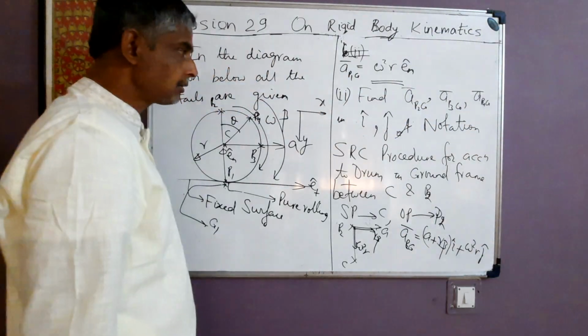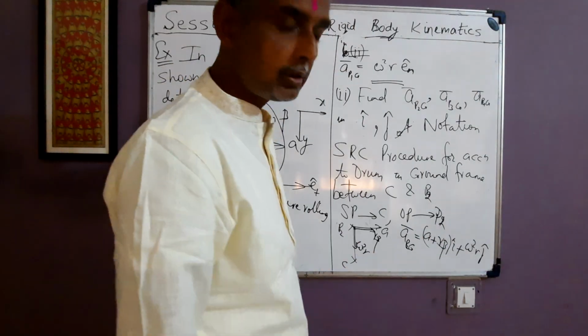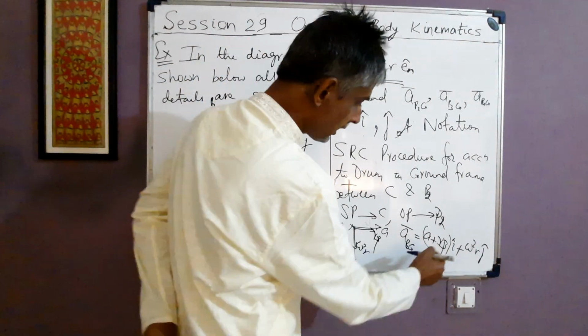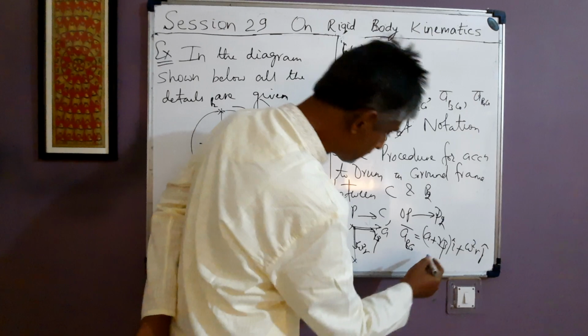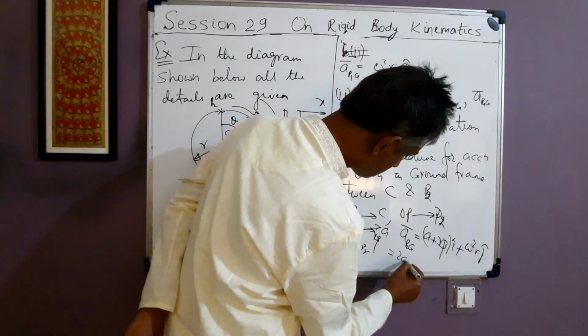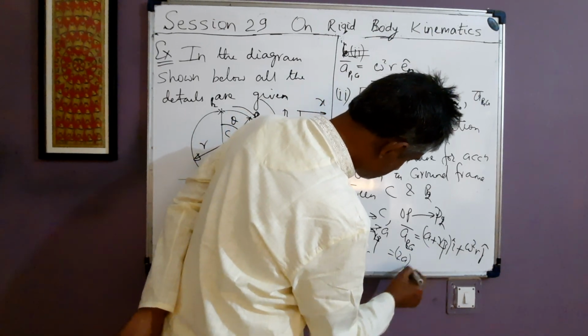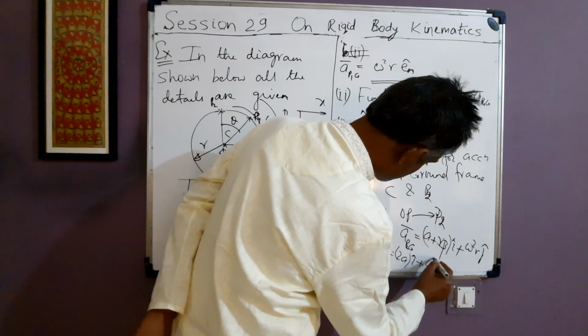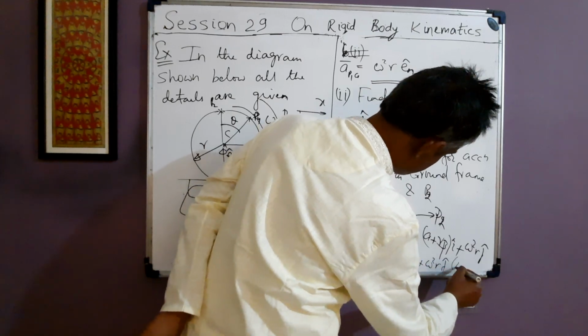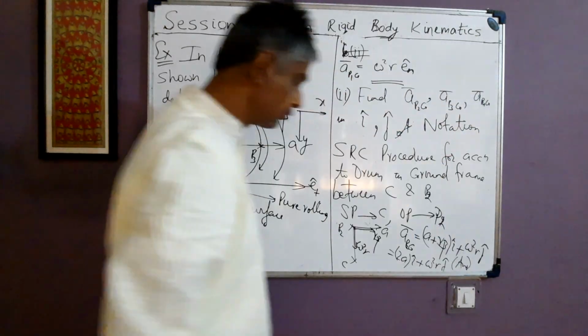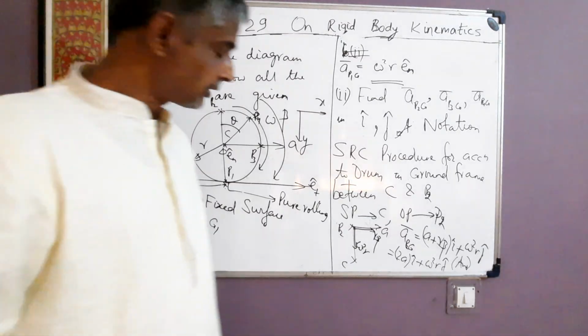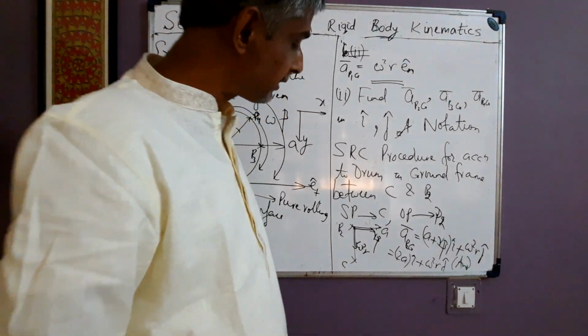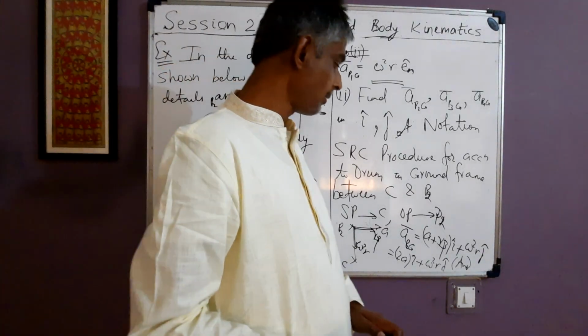This is the required answer. But we know that A and R beta are equal, so R beta is equal to A. Here also it becomes A, and A plus A becomes 2A. So A P2G becomes 2A i hat plus omega squared R j hat.